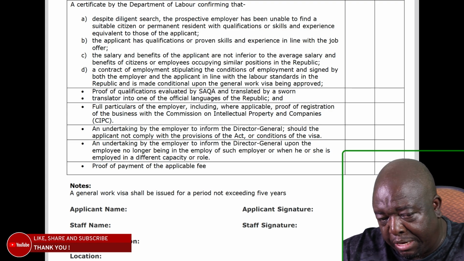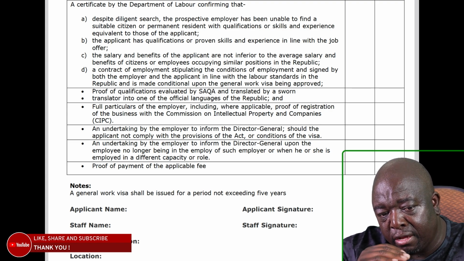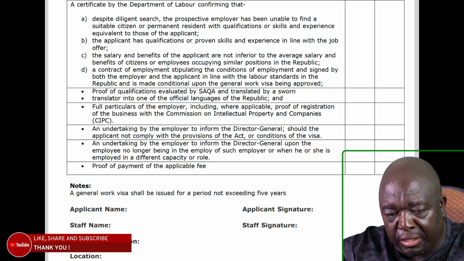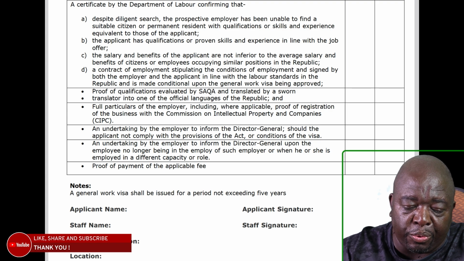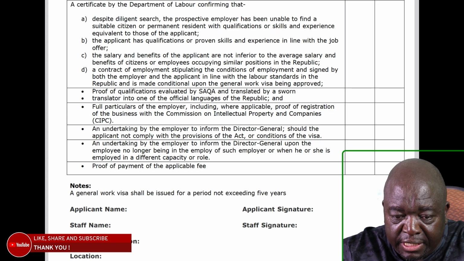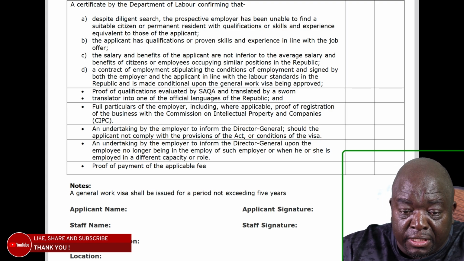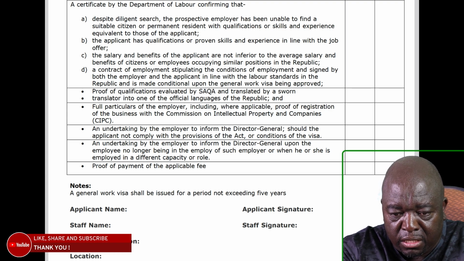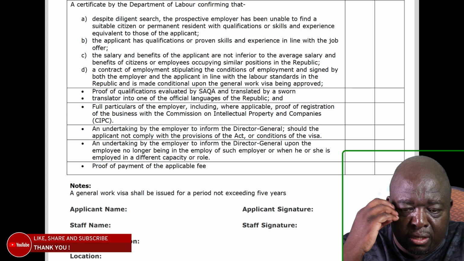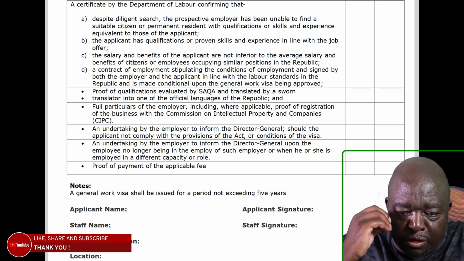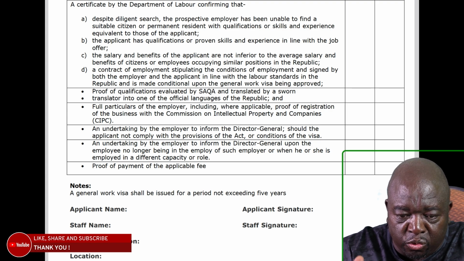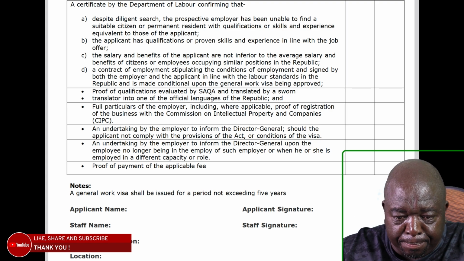Most of us applied for this particular regulation requirement when we were doing our waiver. So we did apply for this, but now the minister has added the SAQA evaluation requirement to the waiver as well. So this is being waived.